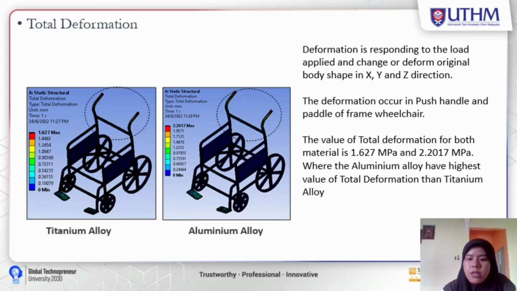The deformation always occurs at the push handle and pedal of the wheelchair frame, as we can see in the figure. The values of the deformation for both materials are 1.27 and 2.2017, so the aluminium alloy has the highest value of total deformation, greater than the titanium alloy.